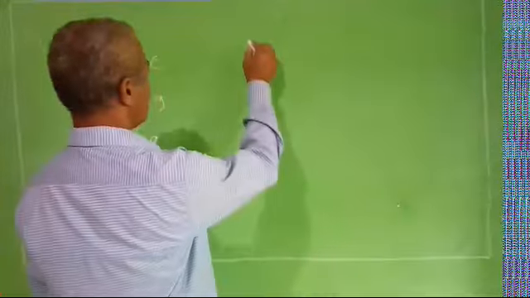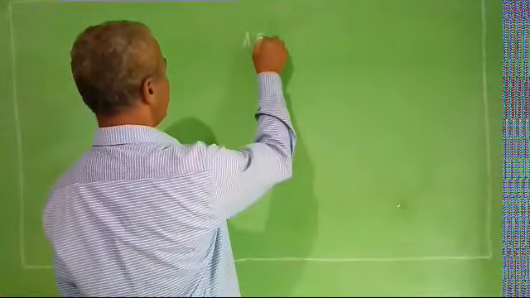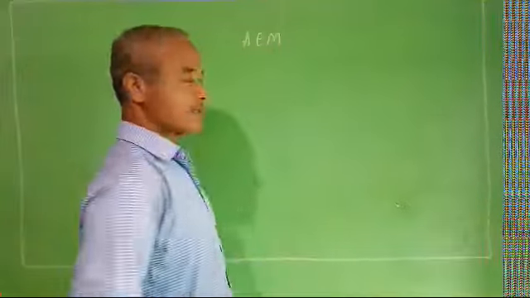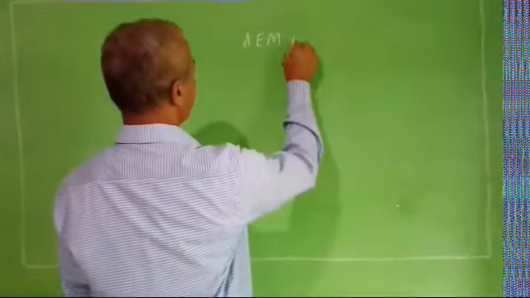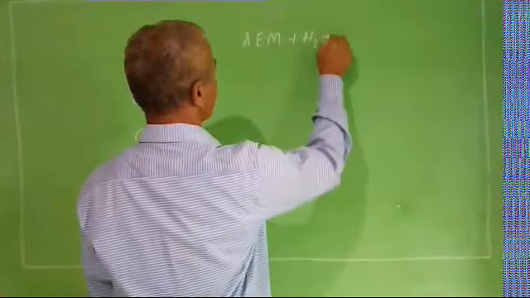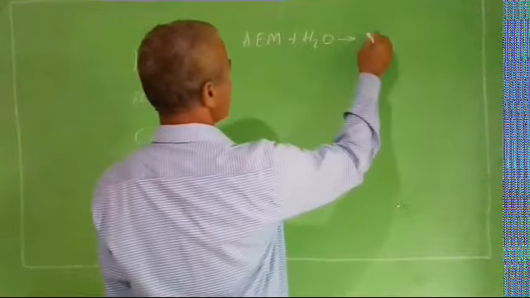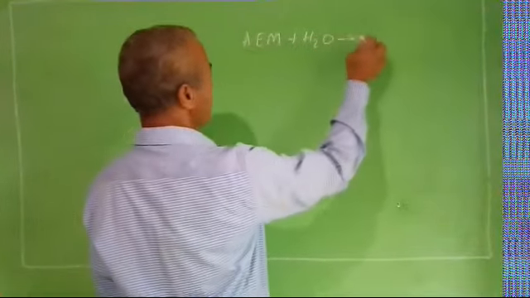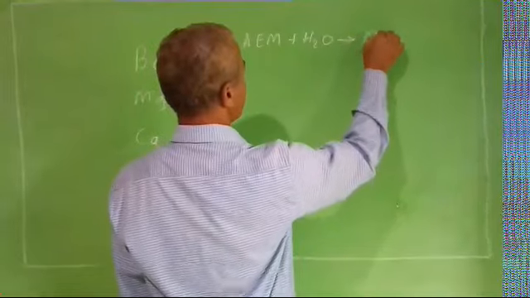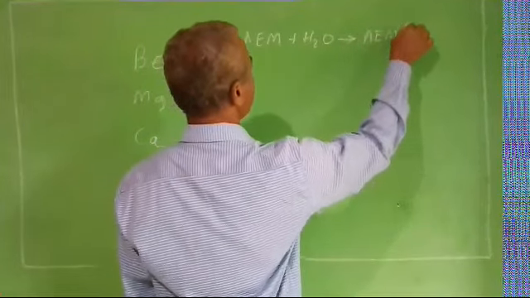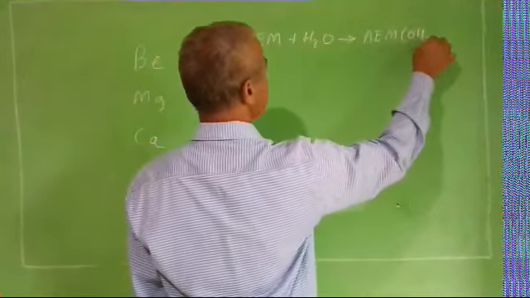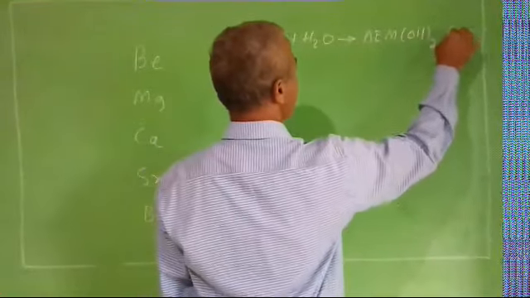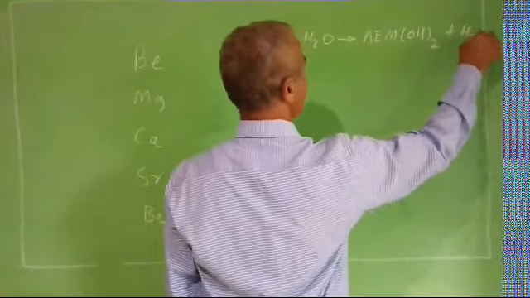Suppose the alkaline earth metal is the given metal. When it reacts with water, it forms hydroxide of the alkaline earth metal plus hydrogen gas.